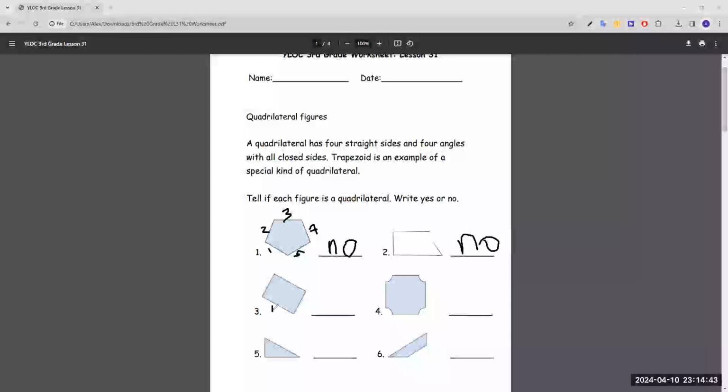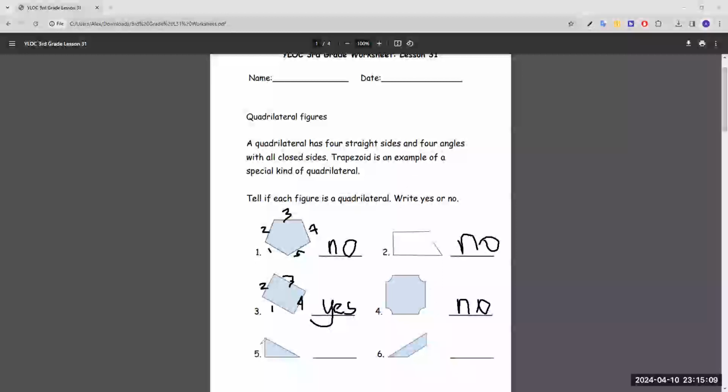Number three has one, two, three, four sides and four angles, so it is a quadrilateral. Number four, we can see that it does have four straight sides, but there's also these curved angles here, and the angles need to be all straight, so it is not a quadrilateral.